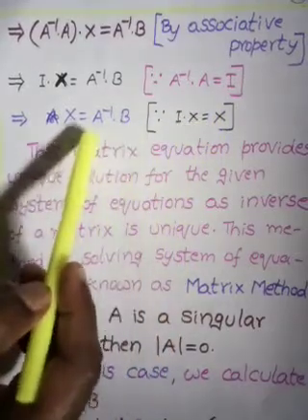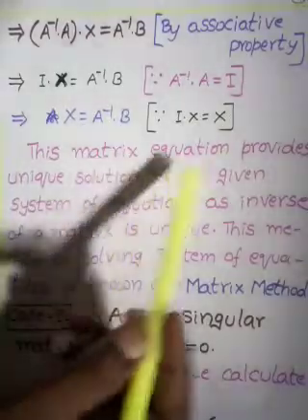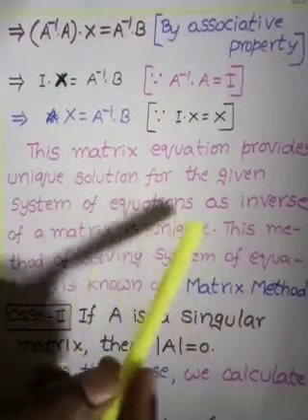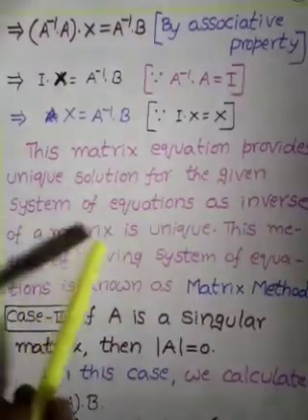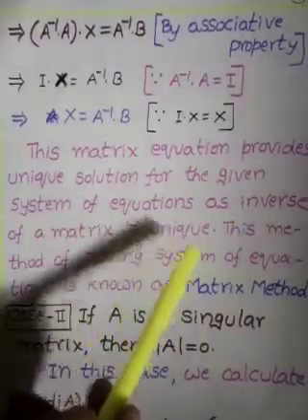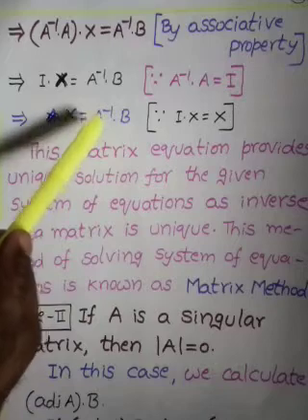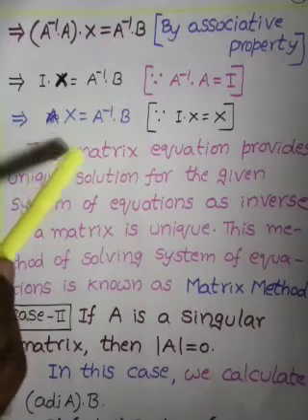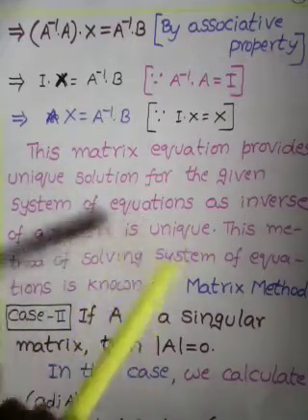Understood this step, my dear children? This matrix equation provides a unique solution for the given system of equations, as the inverse of a matrix is unique. So in this case the system of equations has a unique solution.